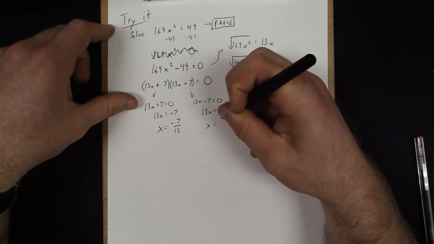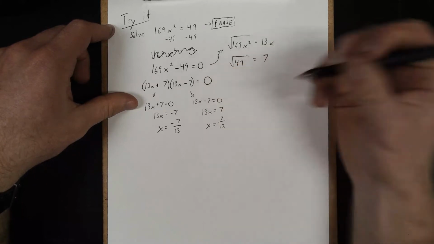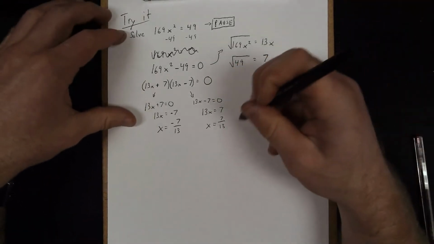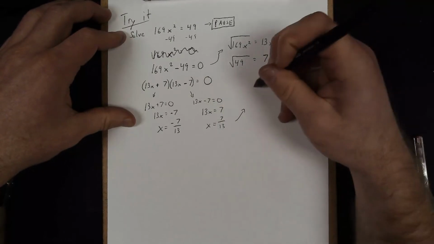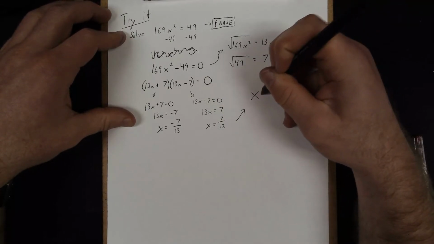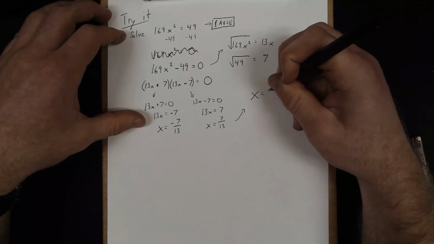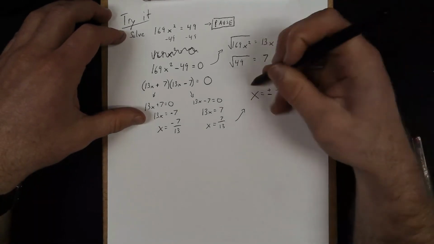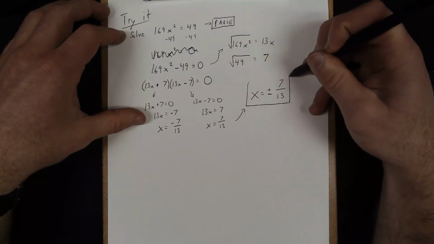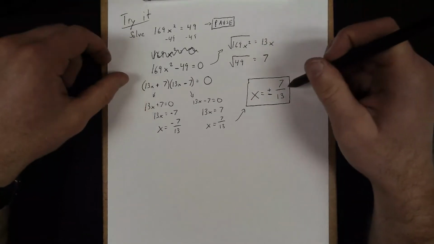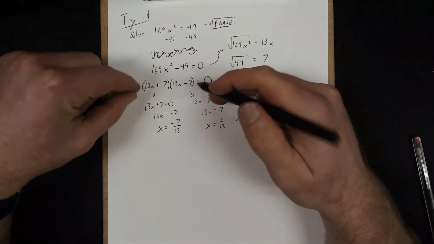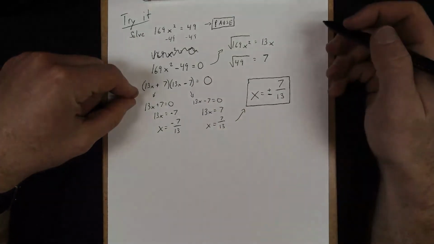And now divide by 13. 7 over 13. So now mathematicians are lazy, okay? So final answer is going to be x is equal to plus or minus 7 over 13. So if you plug in positive 7/13 or negative 7/13 to this equation, you're going to end up with 0.